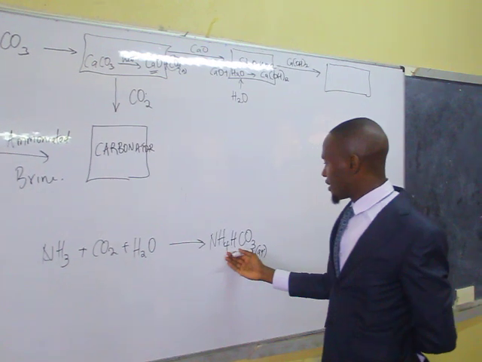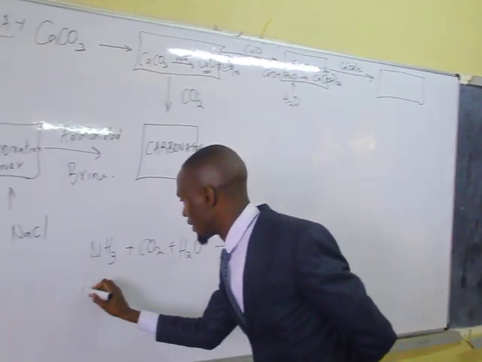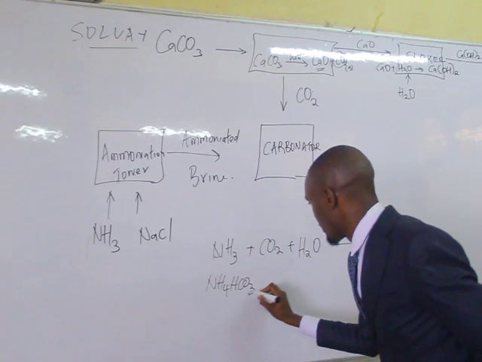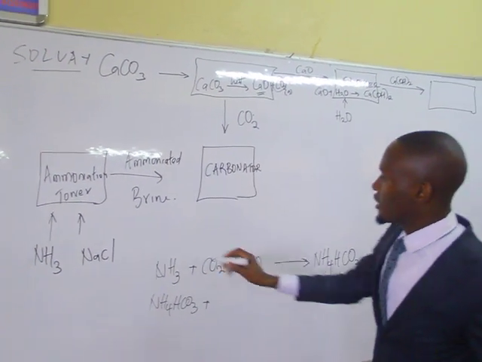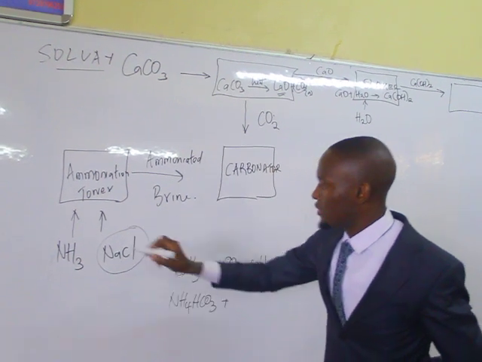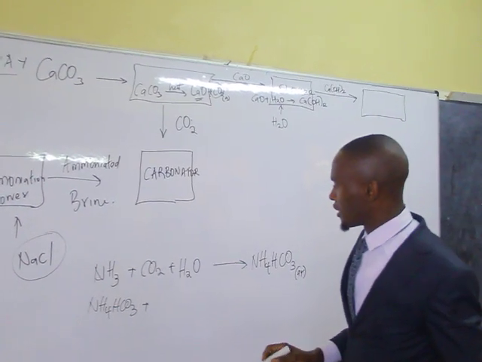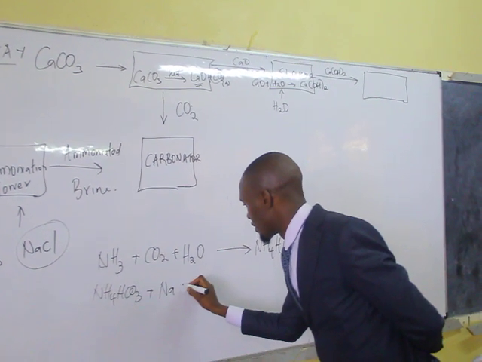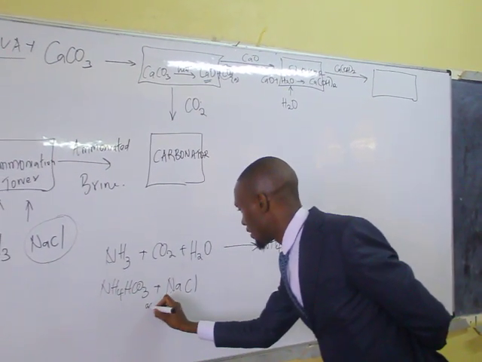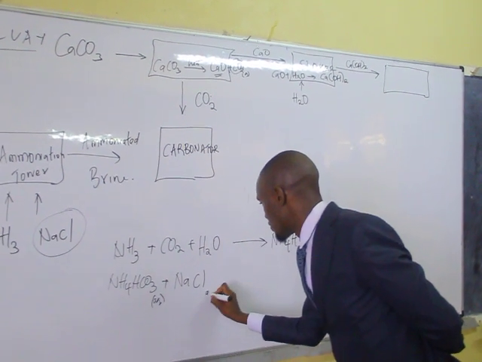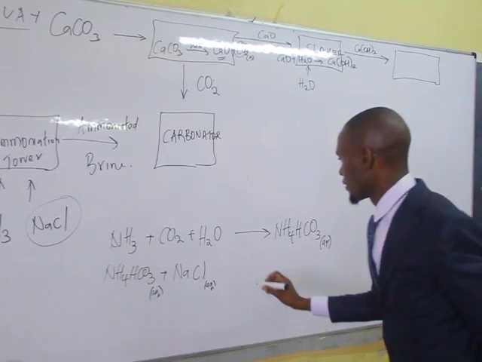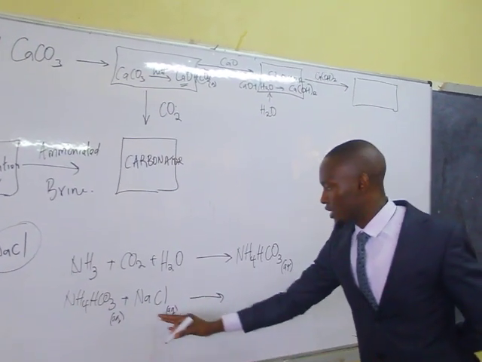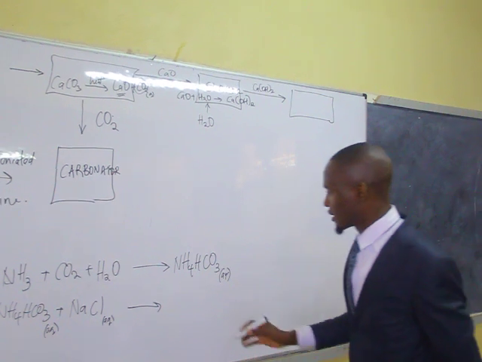In the second equation, the ammonium hydrogen carbonate formed is reacted with the brine now. The brine, which is a raw material, sodium chloride. This one is aqueous, and this one is also an aqueous solution. So the reaction between ammonium hydrogen carbonate and sodium chloride forms two products.